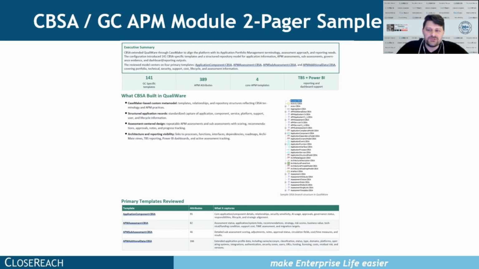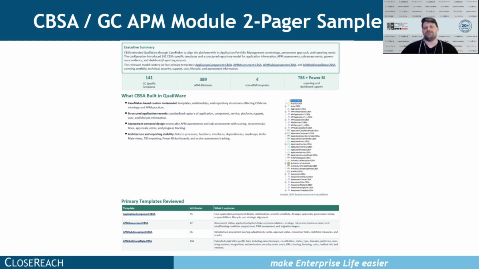Now, there's a bit of a discrepancy, Sam. I remember you put down 230 TBS attributes or data points. We've identified specifically those that you've customized, about 141. I'll have to double check the data between you and Michael, but there are at least 141 GC-specific attributes that we found within 4 different APM templates.